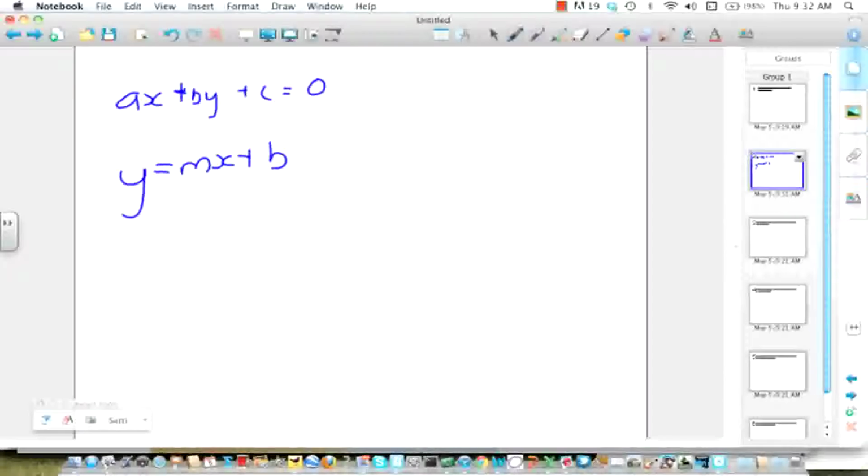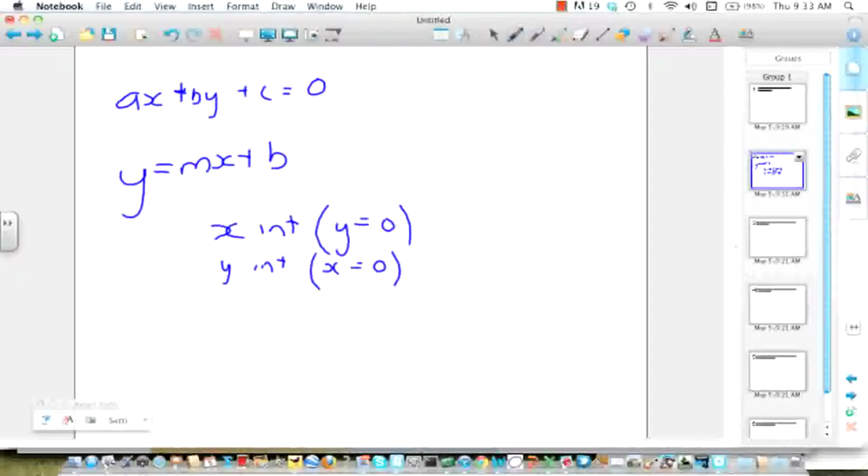Okay. So they're the two forms of the equation of a straight line. We then learnt how to sketch straight lines. What are the two things you always have to label? The y-intercept and the x-intercept. The x-intercept is when y is 0, and the y-intercept is when we substitute x equals 0, or if it's in gradient-intercept form, you can just read it off.